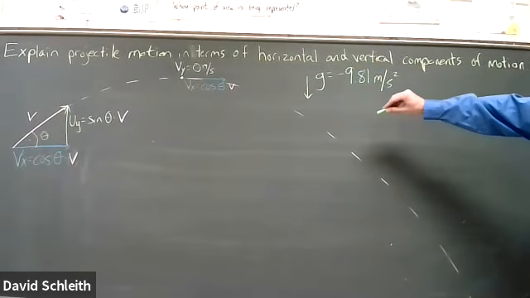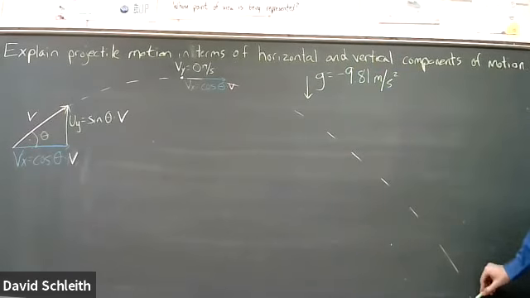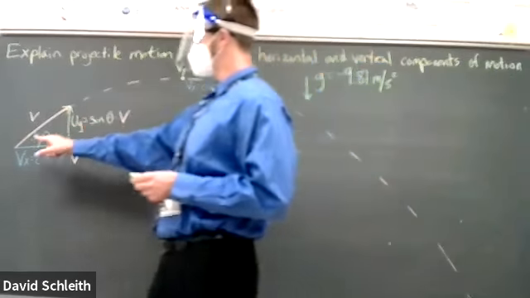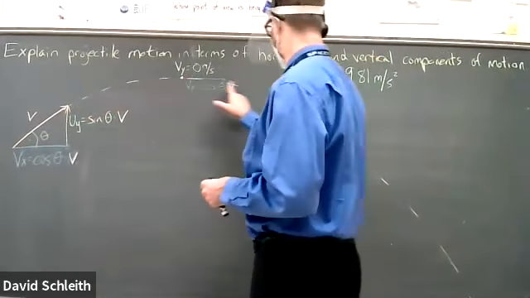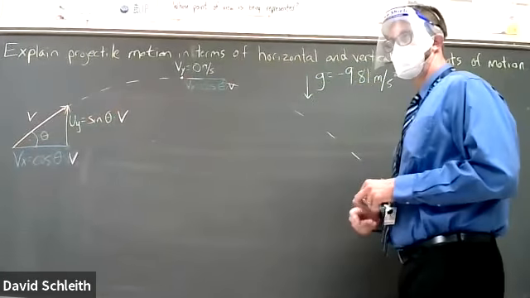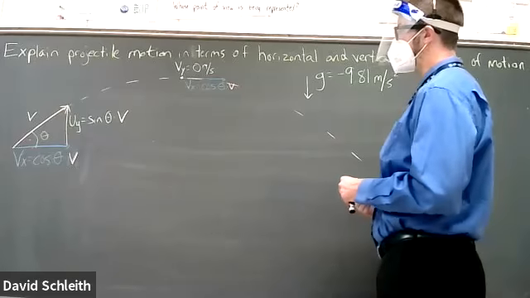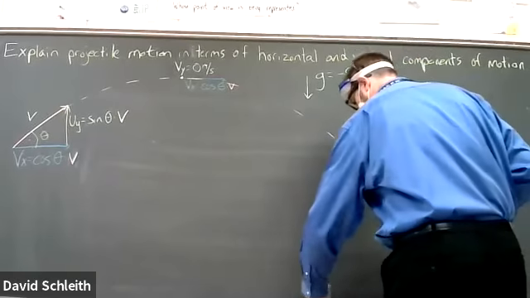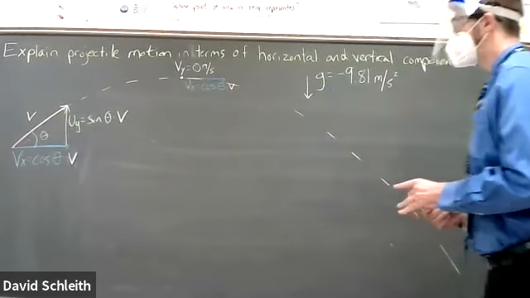And so how could we calculate the time it would take? Let's think about what equation of motion is going to be helpful here. Let's calculate how much time it would take the object to travel and hit the ground, okay? All right.